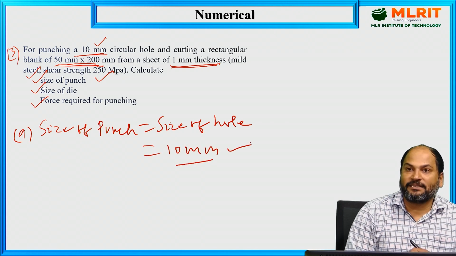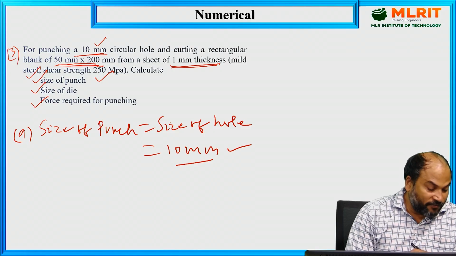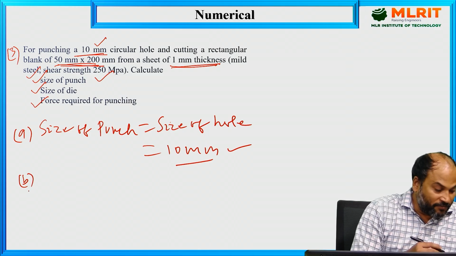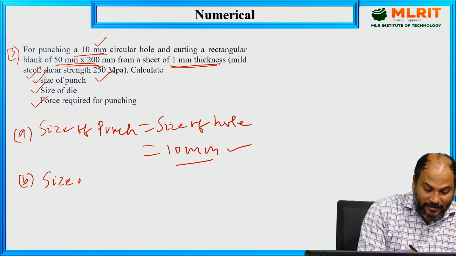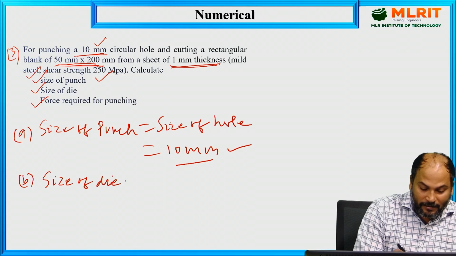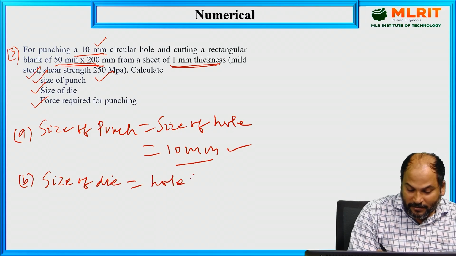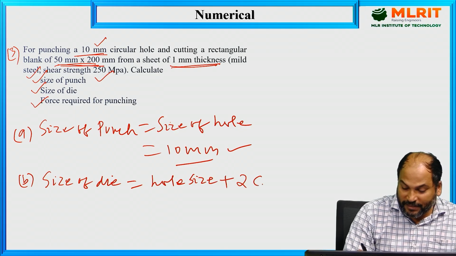Quite easy. What is the second one? What will be the size of the die? We also know how to calculate that. The size of the die is equal to simply the hole size plus 2 times the clearance. This C is the clearance.